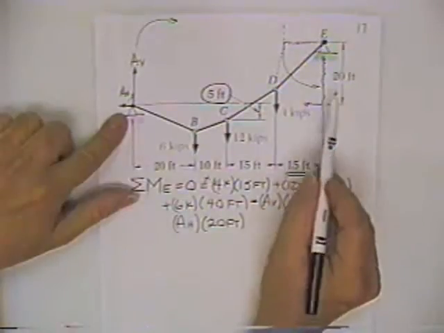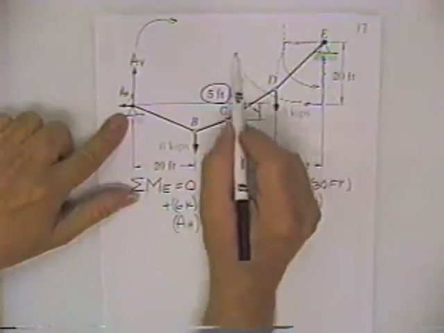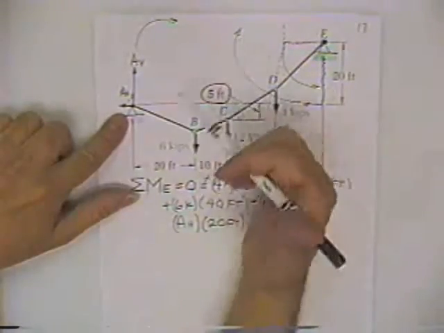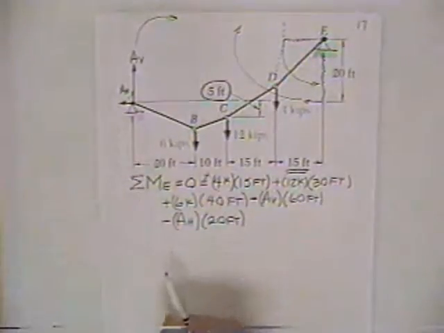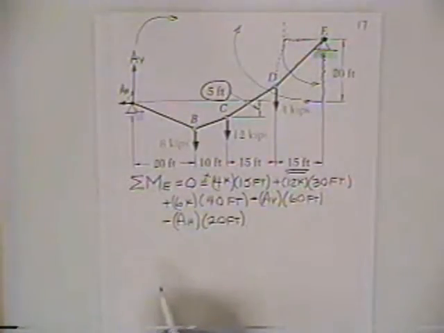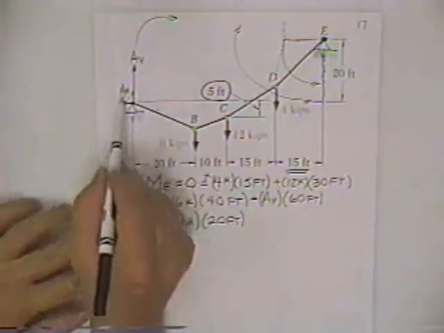If he gets away from you now that the string is attached, he'll roll this way. That is a negative tendency to roll, so you put a minus. Now that gives you one equation, but unfortunately it has two unknowns inside of it. So we must find another free body to give you a second opinion about what these two forces are.